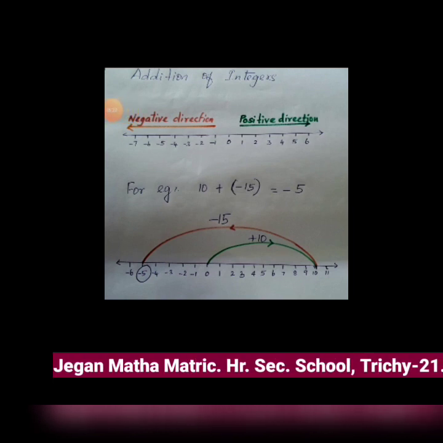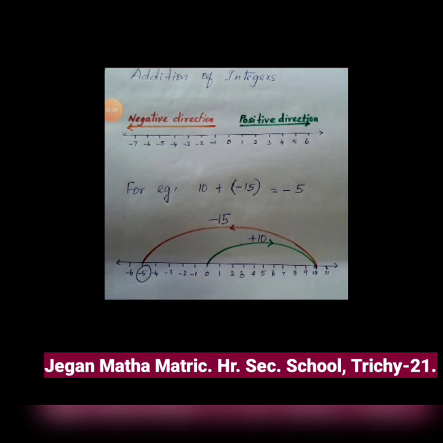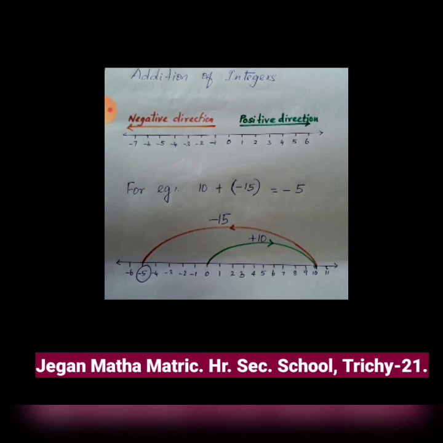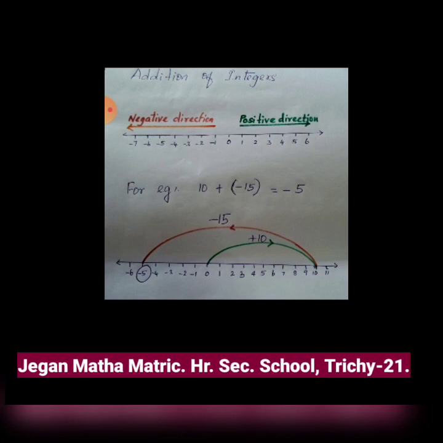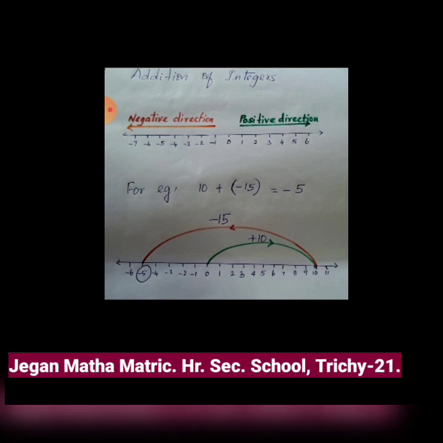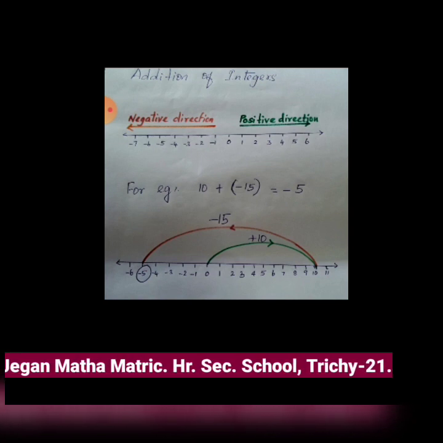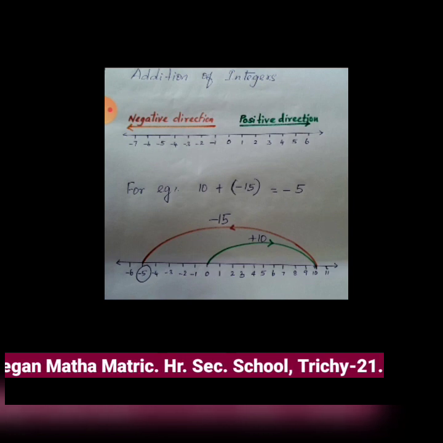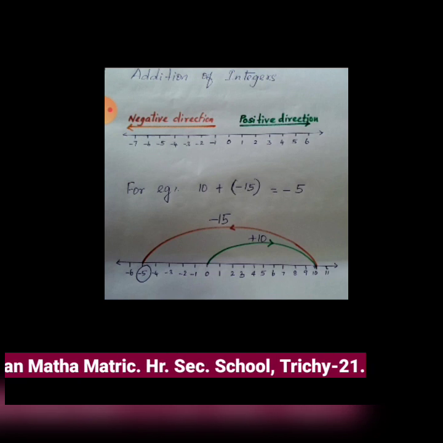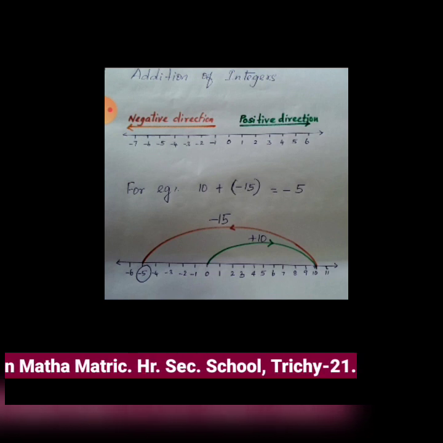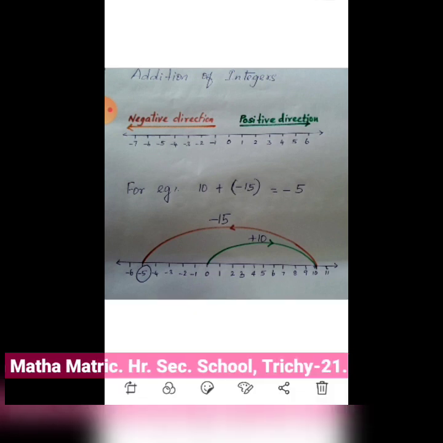Now, we discuss the addition of integers using a number line. Number line is a simple tool to visualize addition of integers. Imagine that the number line is a road with markers on it. We are allowed to step forward or backward on the road.